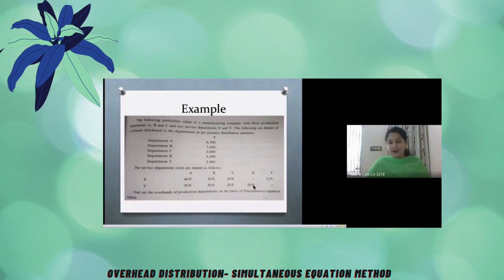Now let's see how we are going to frame the equation.